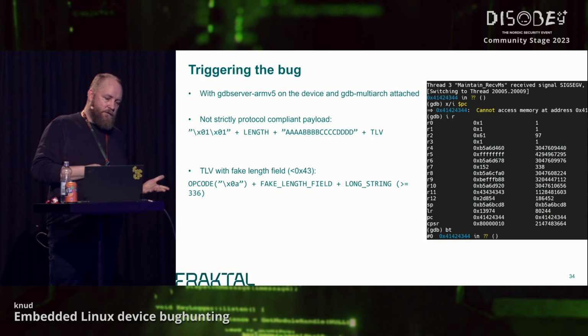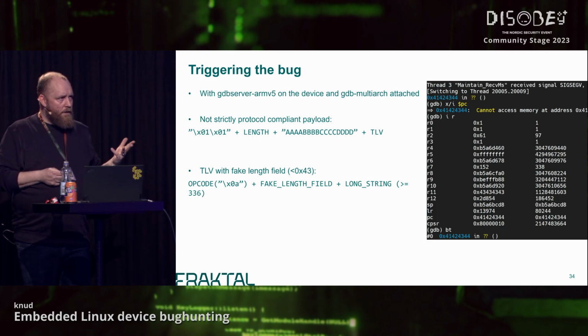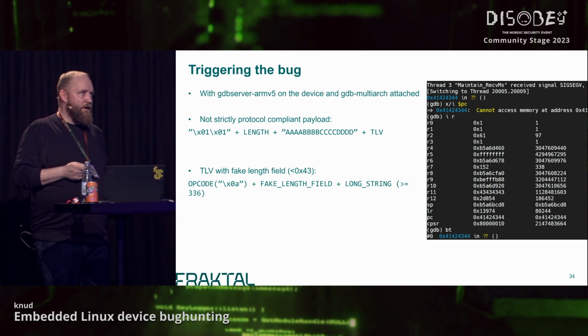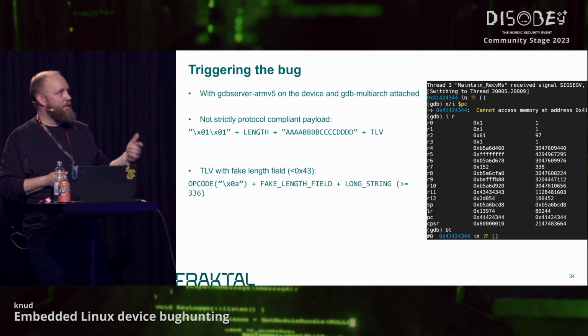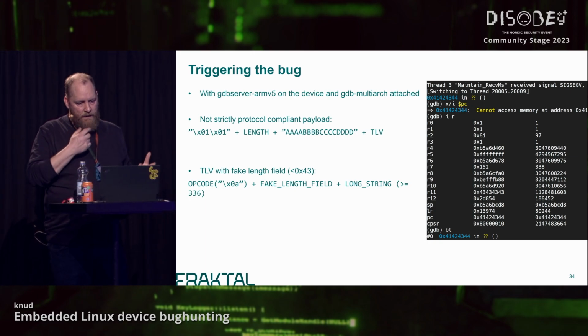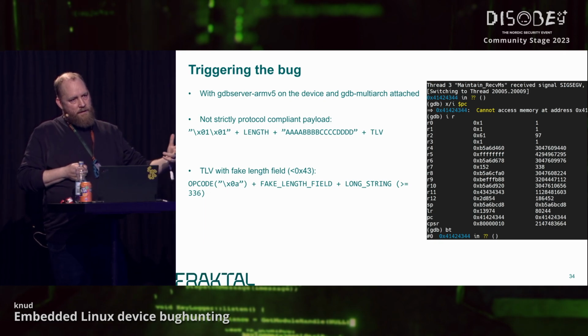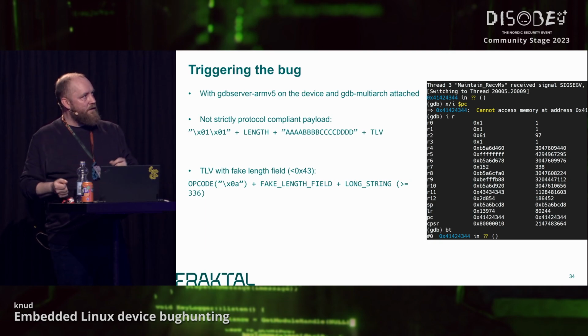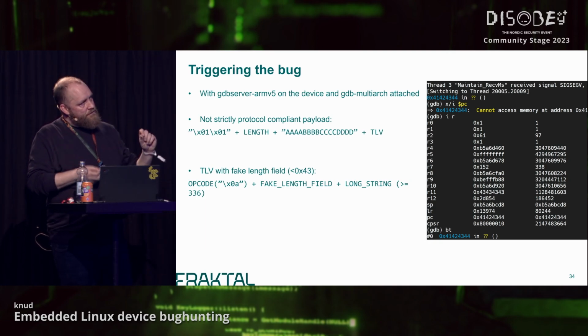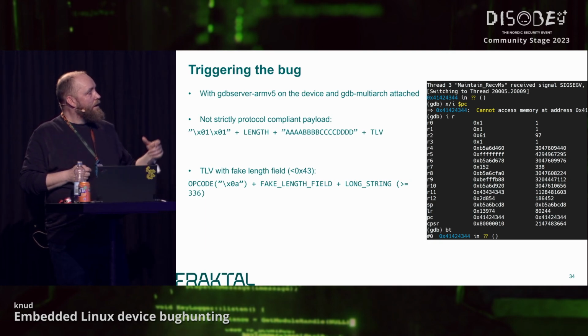Another thing for the embedded devices is that you probably need GDB servers for MIPS and ARM and whatever. But luckily, you can then connect from your real computer using GDB multi-arch, because that one understands that the debugged process is some exotic architecture.